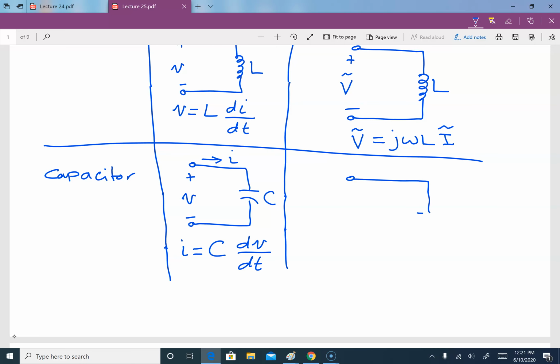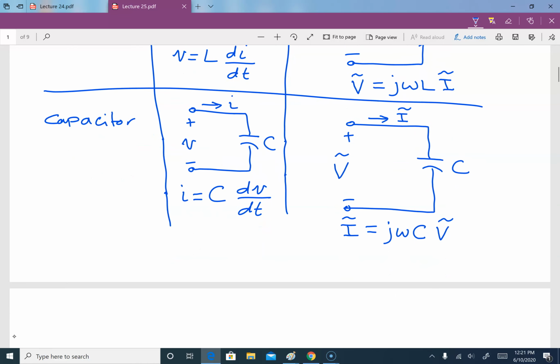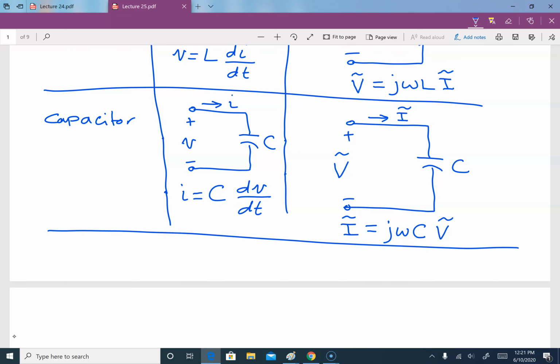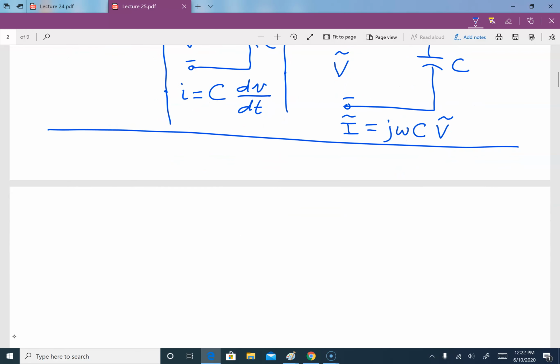And in phasor domain, this is our C. The current flowing here is phasor I. The voltage across the capacitor is phasor V. Then our phasor I is equal to j omega C times phasor V. And this is the time domain presentation and the phasor domain presentation for the circuit elements.